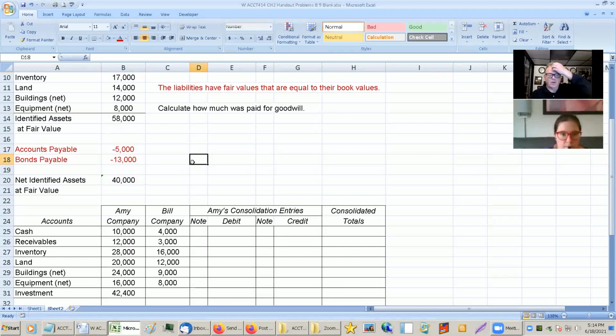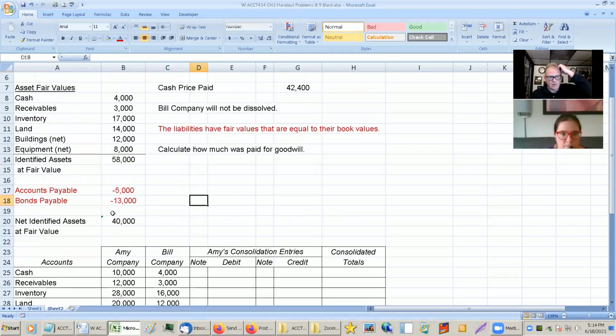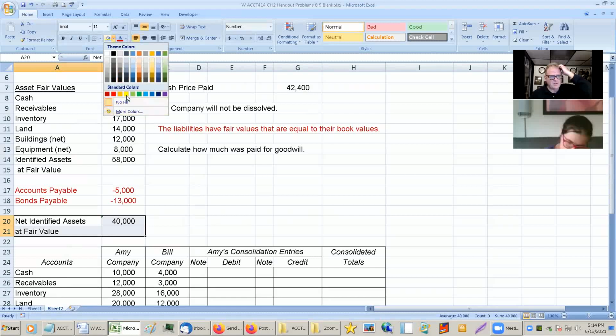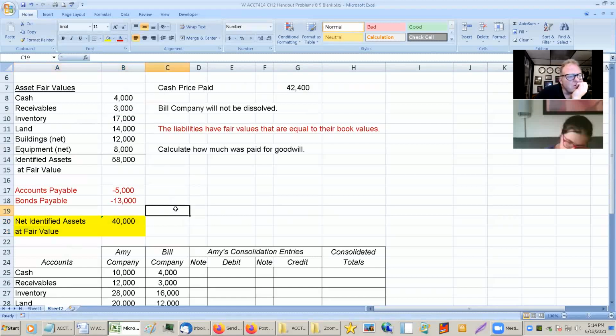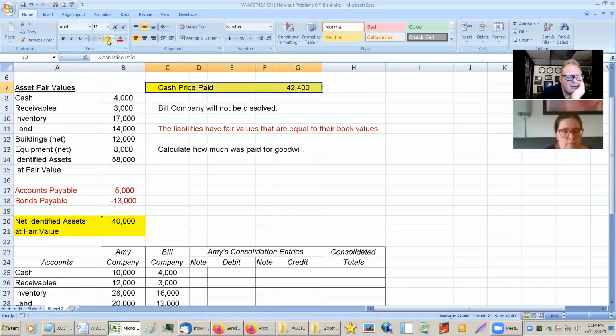So if we paid, this is, I forget what color I use, yellow. If this is the net identified assets, we paid that.